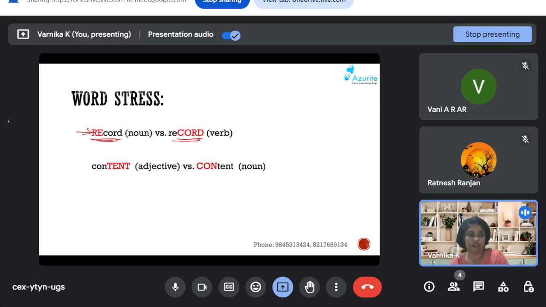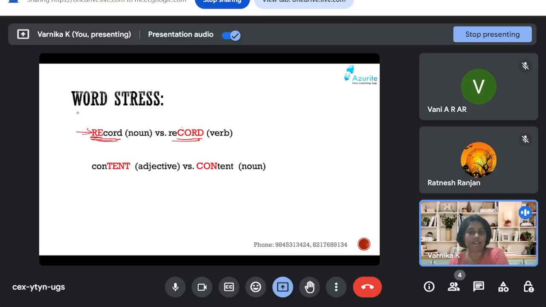Okay, record is a noun, meaning to tape something to save for later. Okay, it's a tape. We are talking about a tape that is recorded. Okay, we captured something, we captured an event with the camera and we have saved the record. So that is the record. You pronounce it with the stress on the first syllable, record.